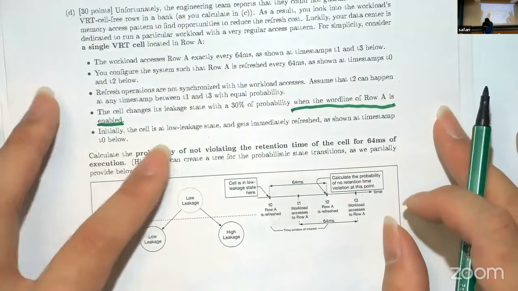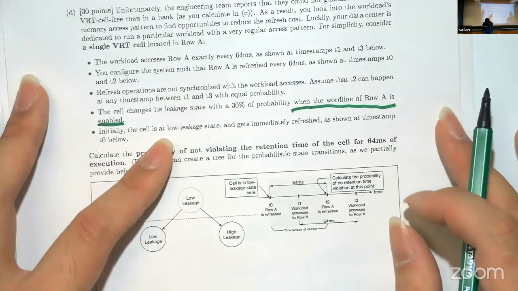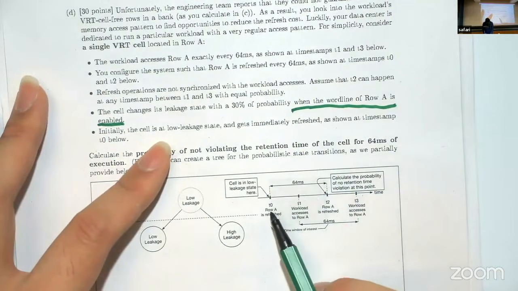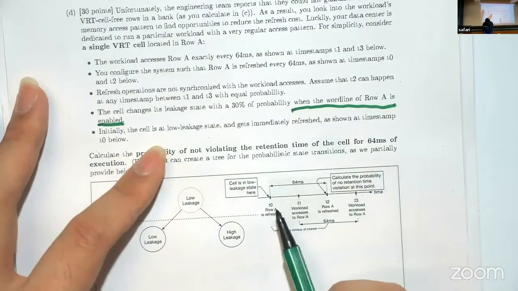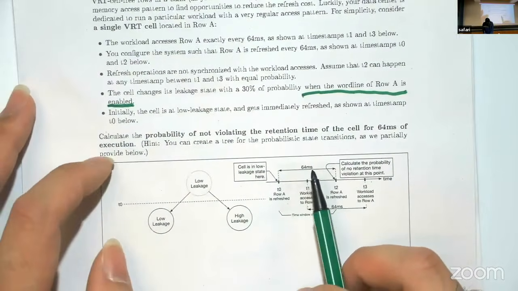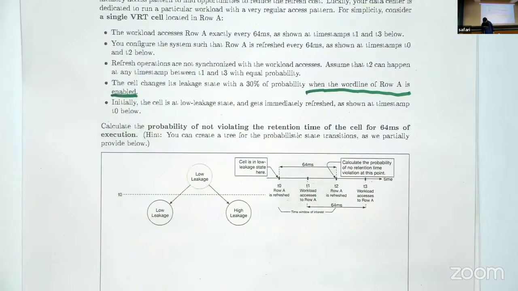Initially the cell is in a low leakage state and it will get refreshed immediately at timestamp T0. So we need to calculate the probability of not violating the retention time of the cell for 64 milliseconds of execution given these configurations.